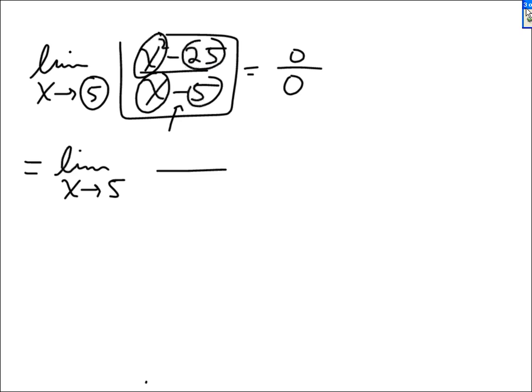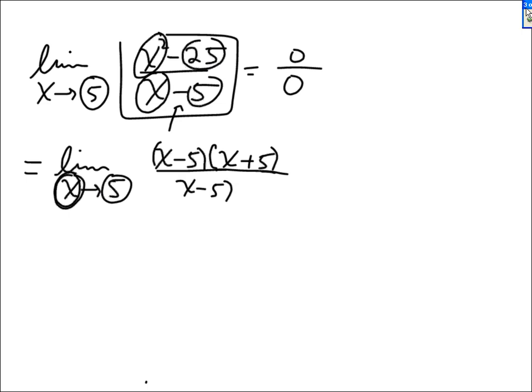And I guarantee you, x minus 5 will be a factor of the top and the bottom. The top is x minus 5 times x plus 5. The bottom is just x minus 5.